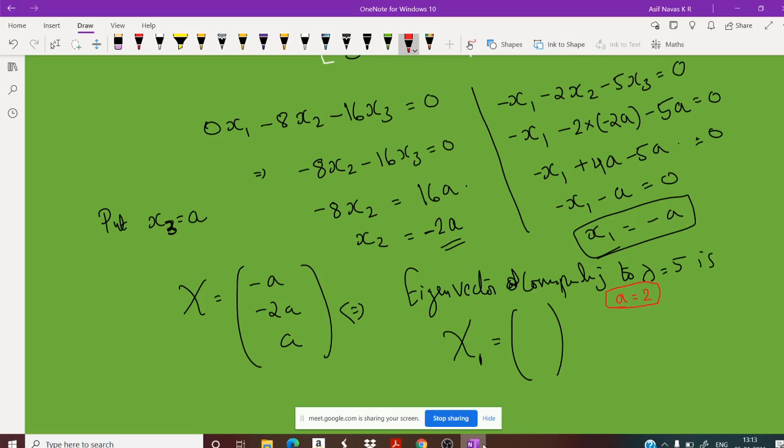If a equal to 2, then you will get minus 2, minus 4, 2. So this is an eigenvector. If you give a equal to 1, then you will get another eigenvector. You just give any value for a other than 0, right? If it is 0, then you will get x equal to 0 0 0. But this is not an eigenvector, right?